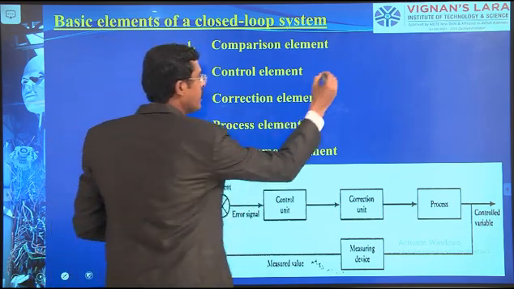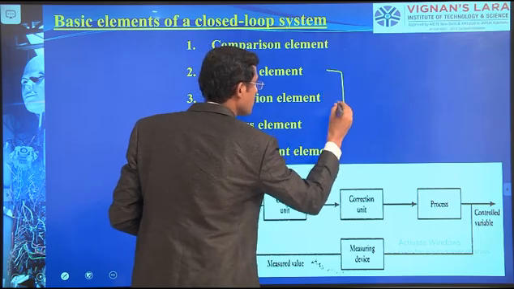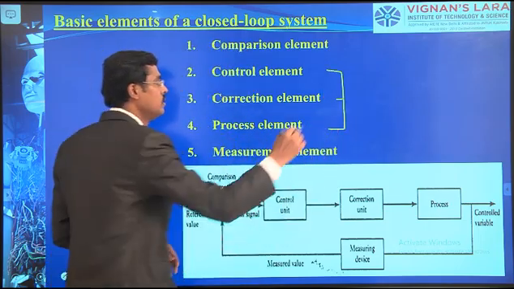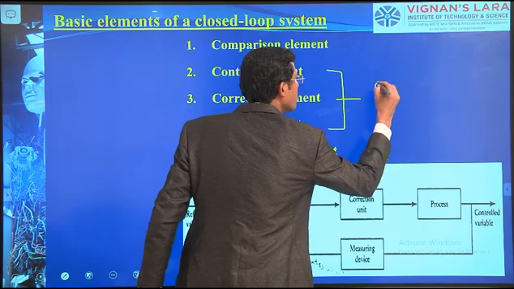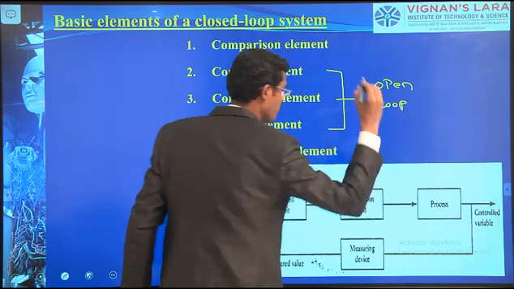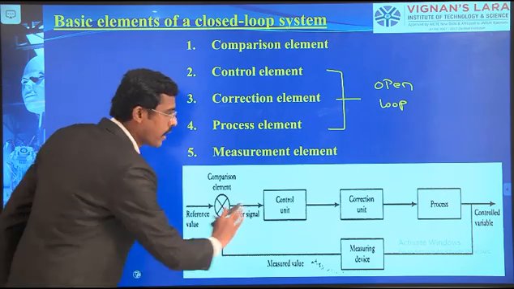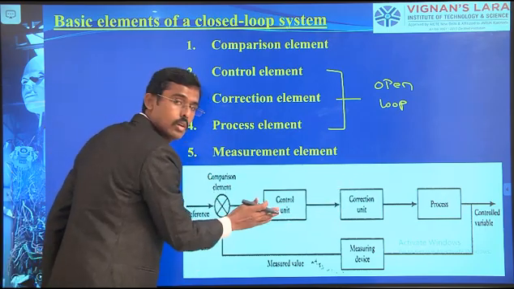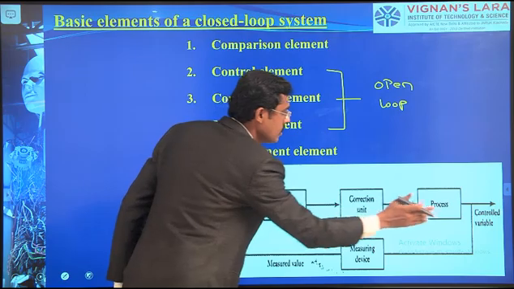Earlier, we had these three parts for the open loop. It means the upper part: the control, the correction, the process.